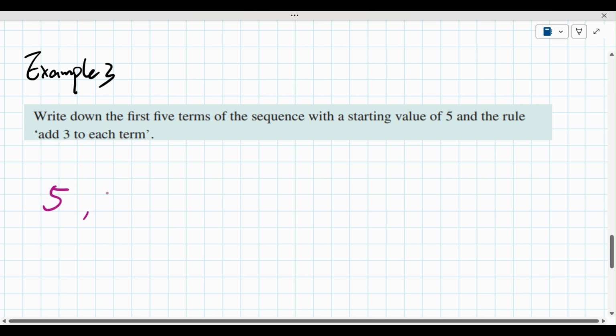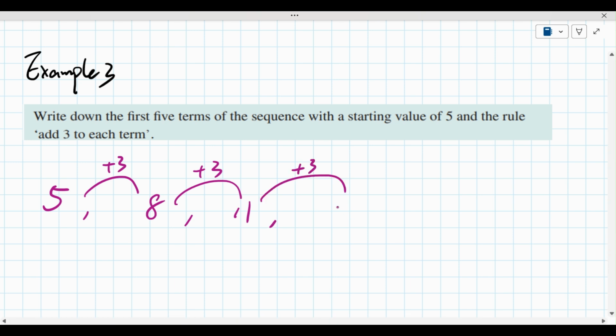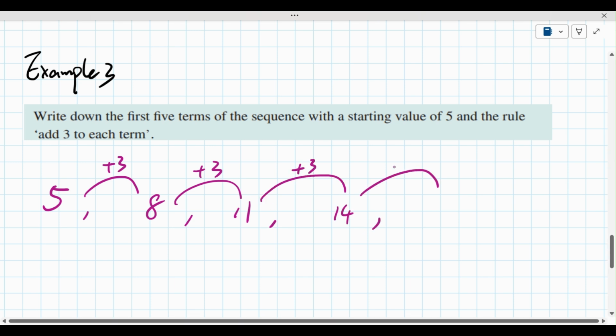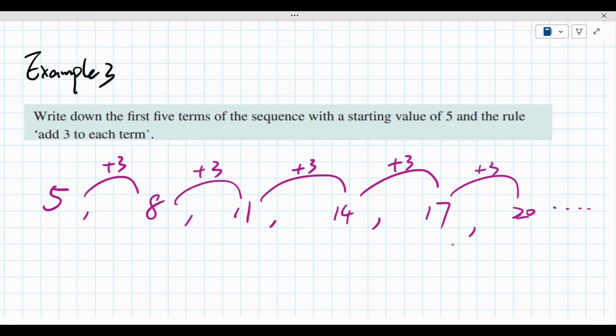So 5 is the start, plus 3 is 8, plus 3 is 11, plus 3 is 14, plus 3 is 17. You could keep going, 20 and so on, but you only need the first 5: 5, 8, 11, 14, and 17. This is called a sequence with a rule.